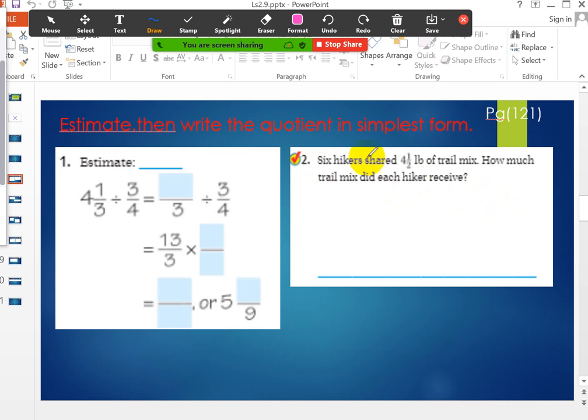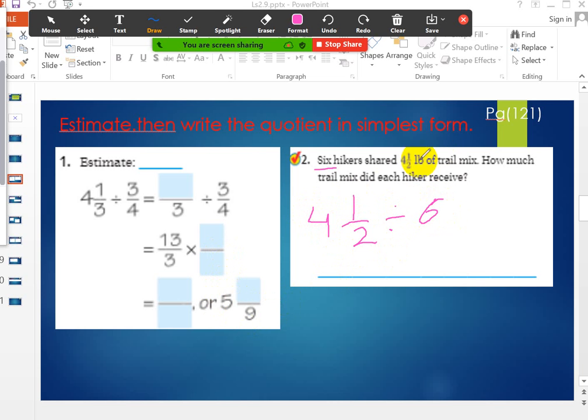So they shared this 4 and 1 over 2. That means we have to divide this mixed number on what? On 6. So I will divide 4 and 1 over 2 on 6 to find how much trail mix did each hiker receive.